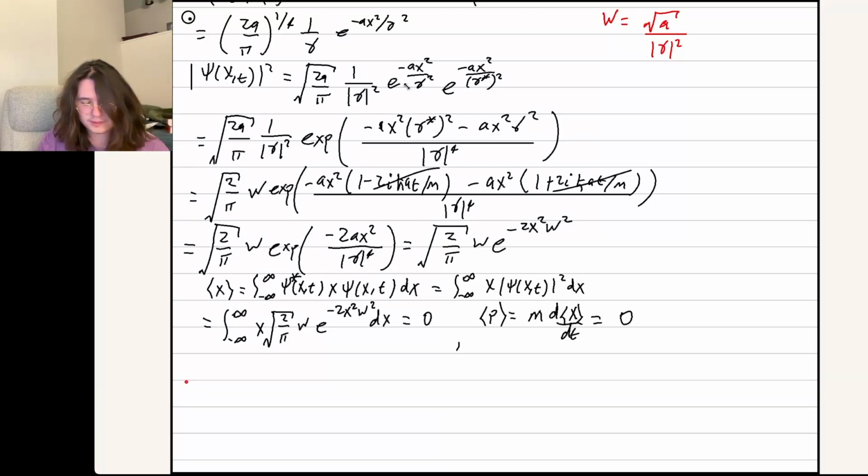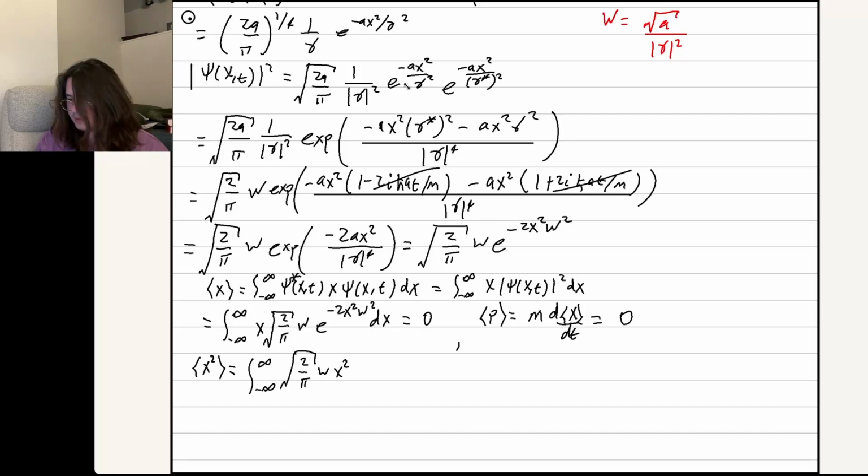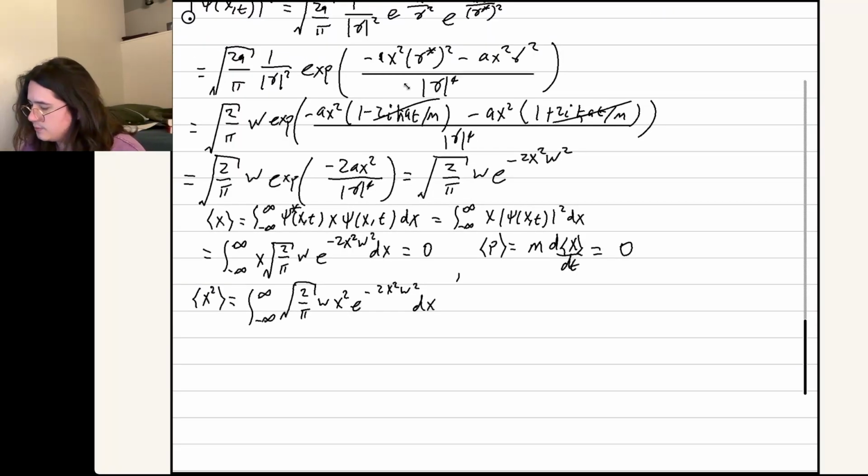But now we need x squared and p squared. X squared can just be the integral from minus infinity to infinity of root 2 over pi w x squared e to the minus 2x squared w squared dx. And I'm going to make a u substitution.